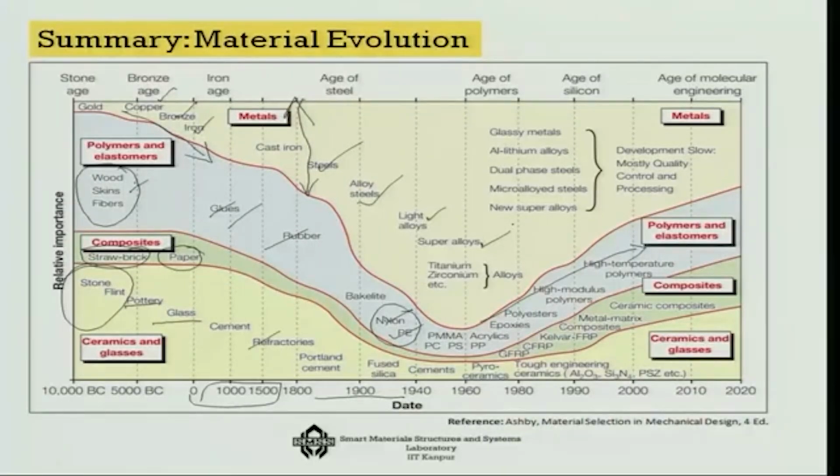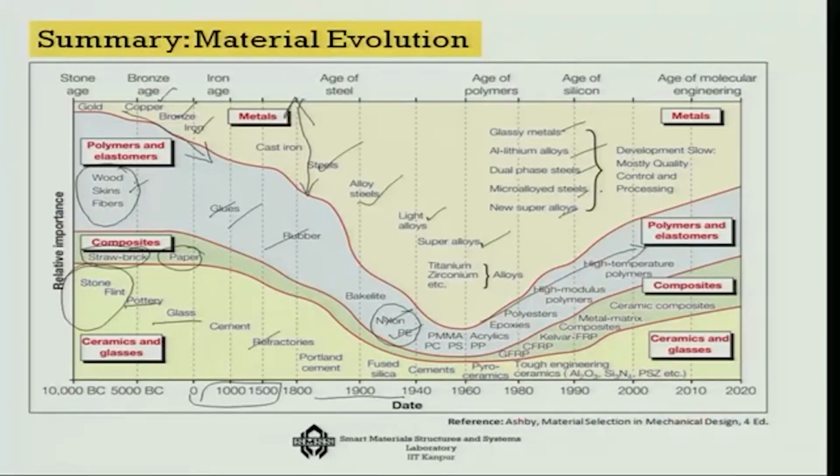That's quite a feat of achievement in terms of advancement of metals. Then there are various types of formations of metals like glassy metals, aluminum lithium alloys, dual phase steel, microalloyed steel, and some new super alloys.